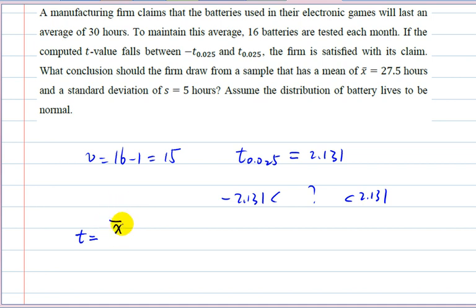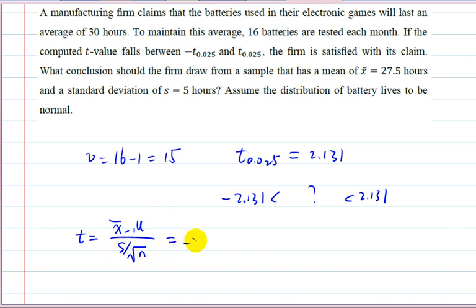What's the t value for this particular case? The formula, as we learned, is this: here is your population mean, here is your sample mean, here is your sample standard deviation, and the sample size.